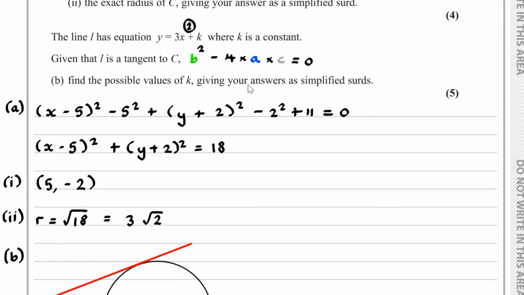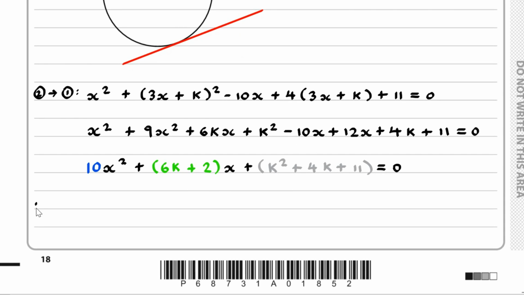So, using the discriminant, we have b squared, so that's (6k plus 2) all squared, minus 4 lots of a, lots of c, and all of this is equal to 0.